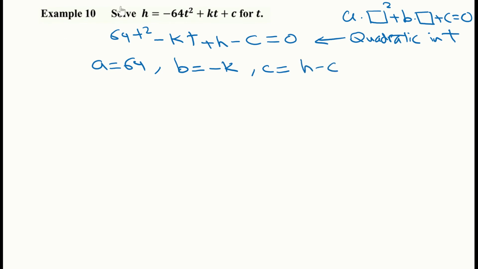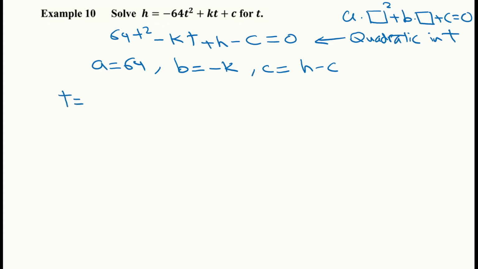So don't let this confuse you. We're just using the a, b, and c as the original constants from the standard quadratic form. So treat this as a different c.